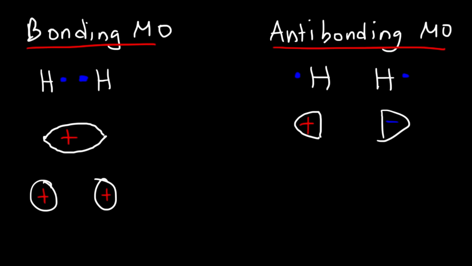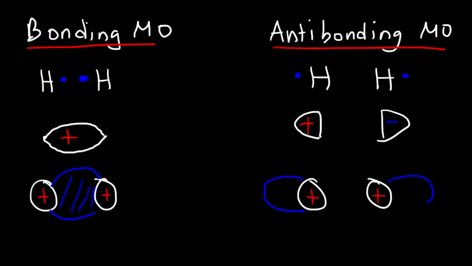Here you're more likely to find the electrons in this region. Drawing the electron as a wave, the electron is going to be more likely in this region. Now let's say if these are the nuclei of the hydrogen atoms, you're more likely to find the electrons outside of the nuclei as opposed to in between the nuclei.